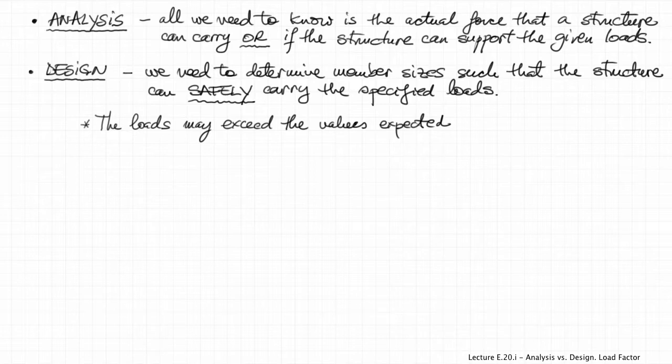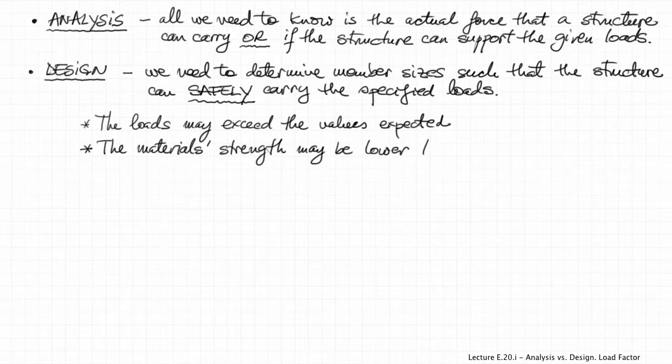What if, for example, in a classroom there's a very popular professor and all of a sudden a lot of students show up, and that would exceed the capacity of the classroom. So there are more students in the classroom than there should be. Or what if the material strength that the structure is made of may be lower than assumed, just by accident? Maybe only one column is made of material that is less strong than the rest.